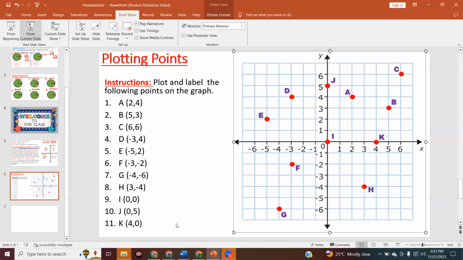Take a picture of your work and send it to me via WhatsApp. Ask everyone, please. Mr. P, we're supposed to draw this too, right? Yes, you're supposed to draw it.